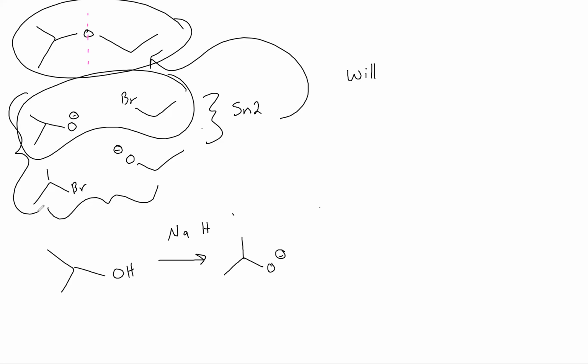We'll talk about NaOH a lot more, but generally here we're going to be using NaH to deprotonate this alcohol into this oxy right here. I guess this would be 2-propoxy. Okay. And so then this 2-propoxy will then react with bromine.